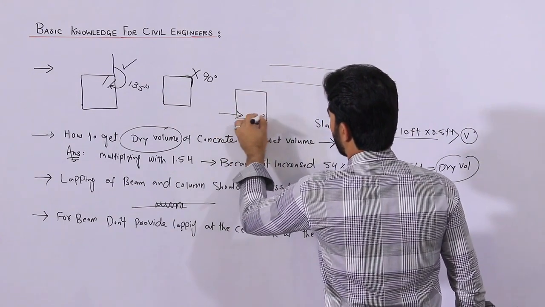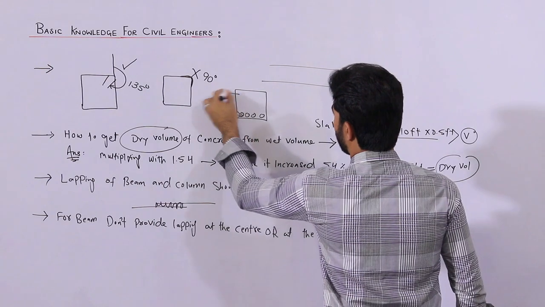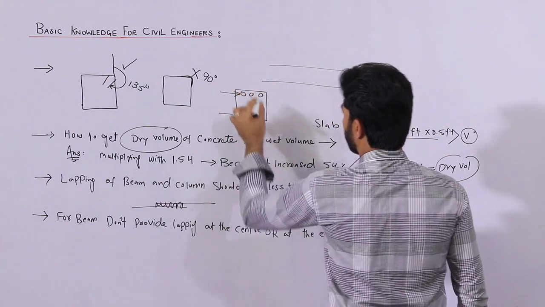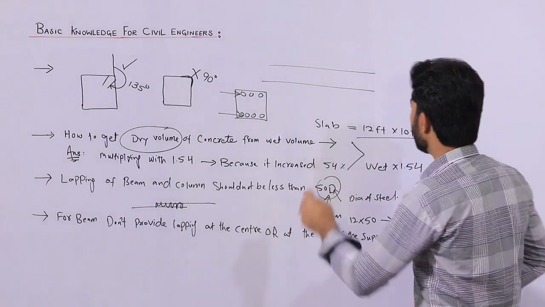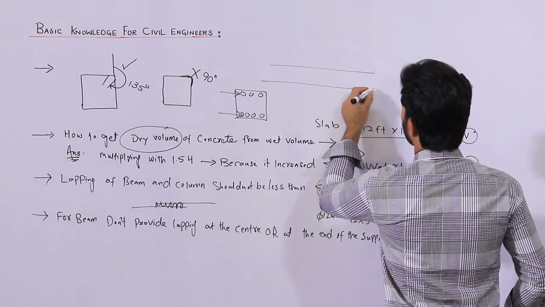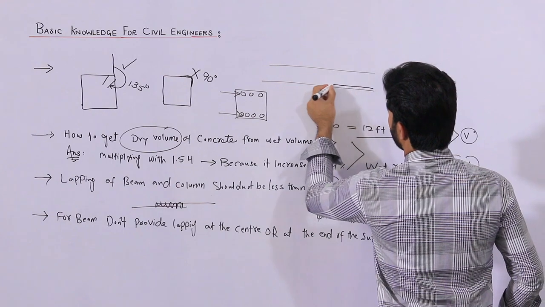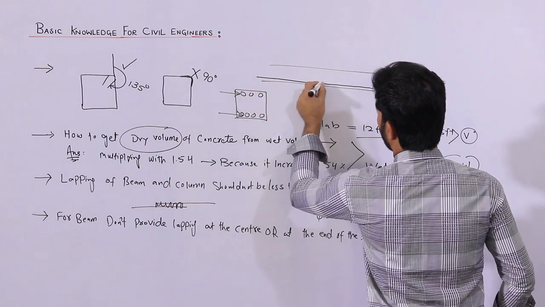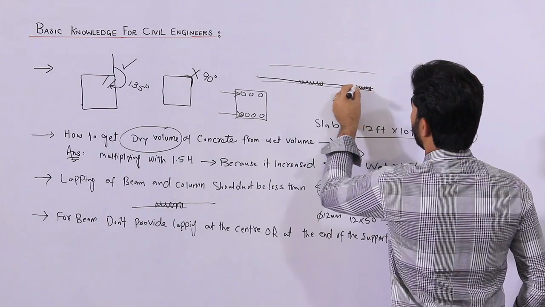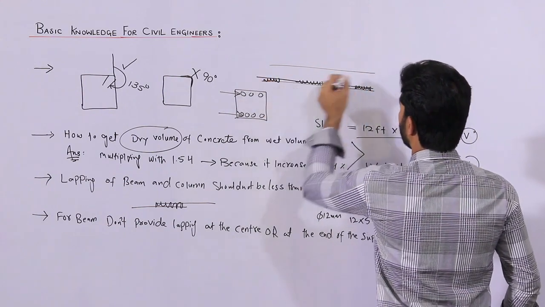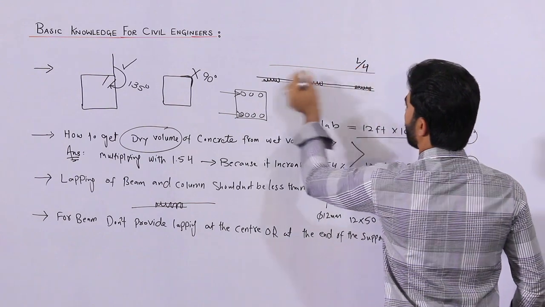This is the tension zone and this is the compression zone. Remember, the tension zone is at the bottom. So don't provide lapping at the center, and don't provide it at the end of the support, or at a distance of L by 4.